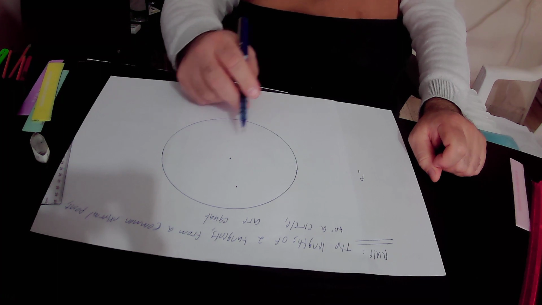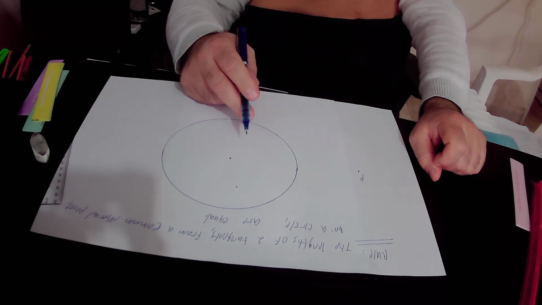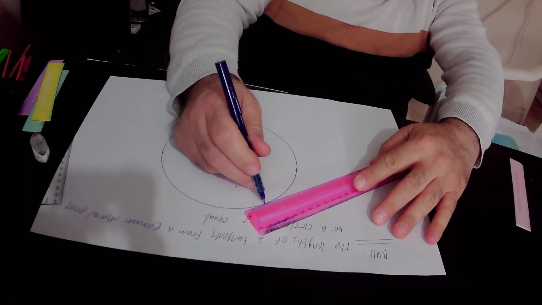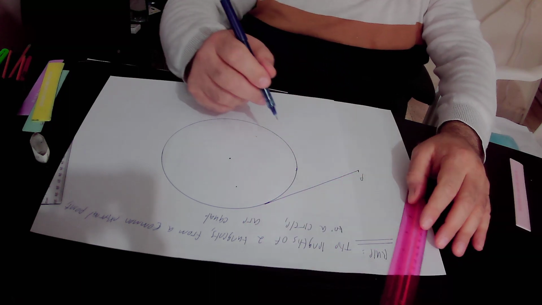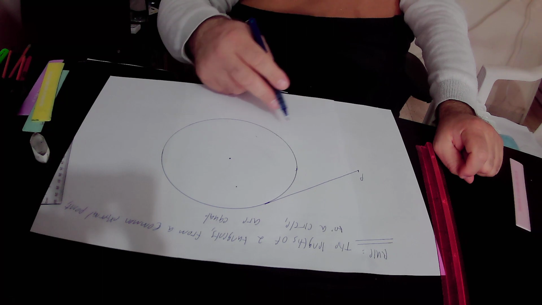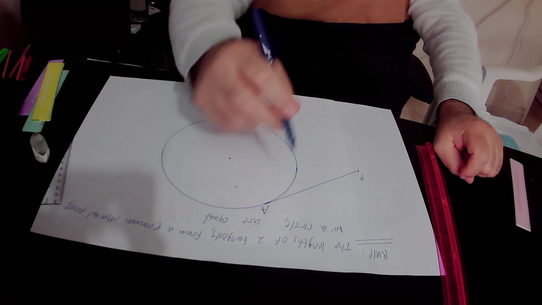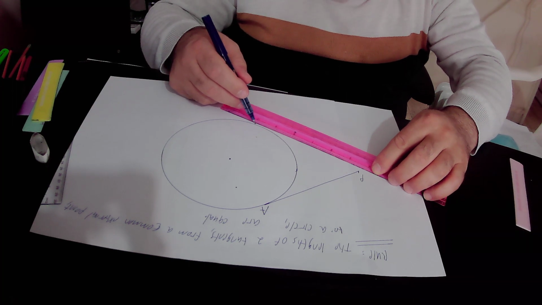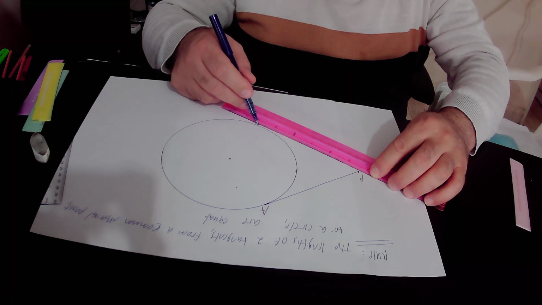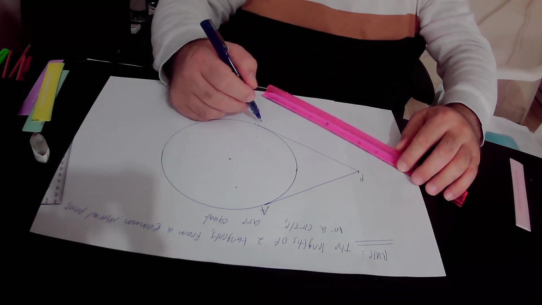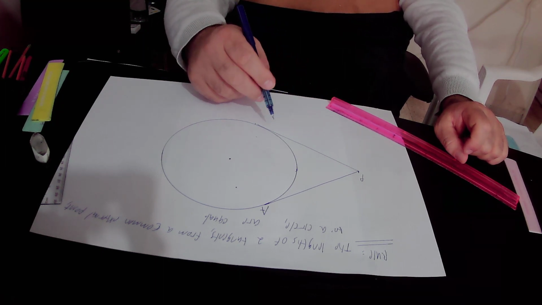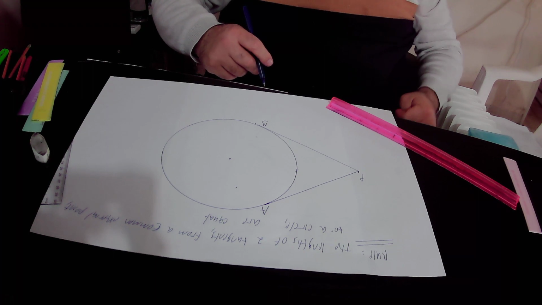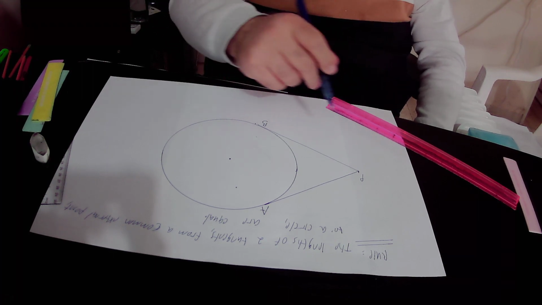So if from the external point P we draw two tangents to this circle, here we will have the first tangent, and we define the point of tangency of the first tangent with this circle as point A. Then we will draw the second tangent to this circle, and we define its point of tangency, the touching point, as point B. So here we have two tangents to this circle, tangent PA and tangent PB.